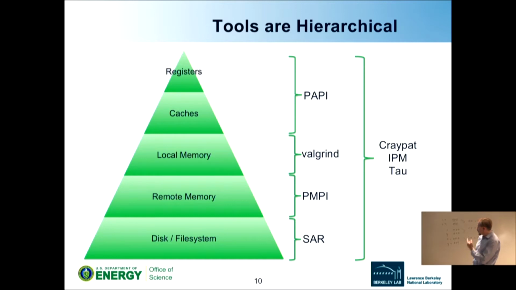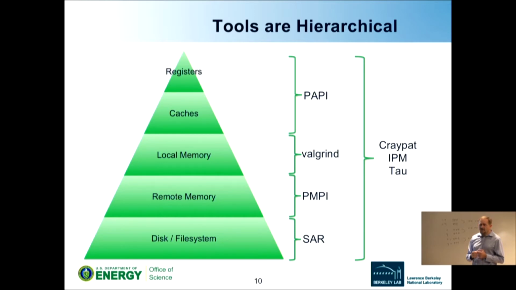Valgrind is a tool that's well known outside of high performance computing as well that can tell you how you're using your local memory resources. The name-shifted PMPI interface is a way of wrapping messaging that happens between tasks, so in addition to sending a message, you also collect some performance information about that message.